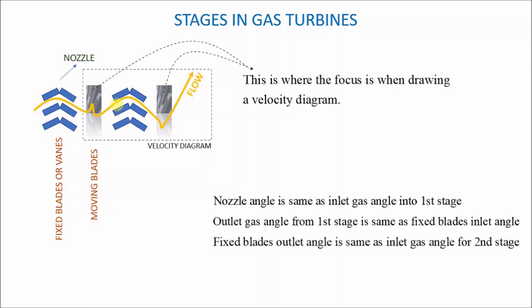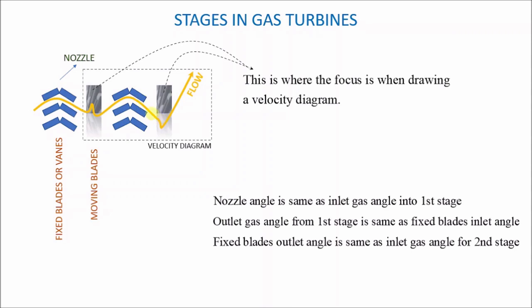The third observation we can make is that the outlet blade angle for the row of fixed blades must be equal to the inlet gas angle into the second stage.